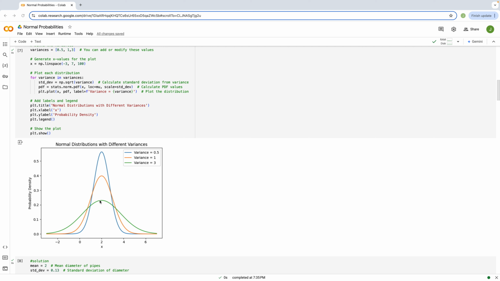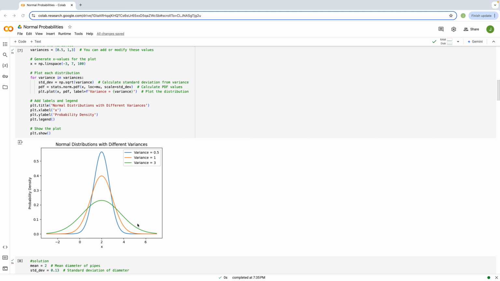A larger variance, the green graph, makes it so that the peak is much smaller, and we can see probabilities in the tail far from 2, or far from the mean, are much more likely with more variation. So variance makes larger deviations more likely.